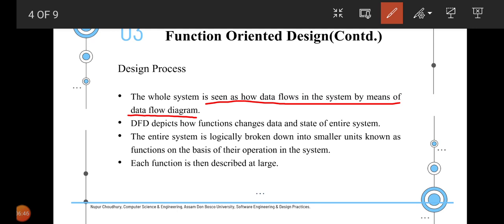Basically, the data flow diagram is one of the pioneer diagrams in order to implement the function oriented design. The data flow diagram, or DFD, depicts how functions change state and data of the entire system. The entire system is logically broken down into smaller units which are known as functions on the basis of their operation in the system, and each function is then described at large.